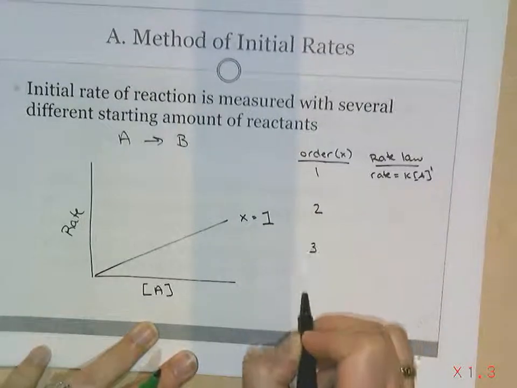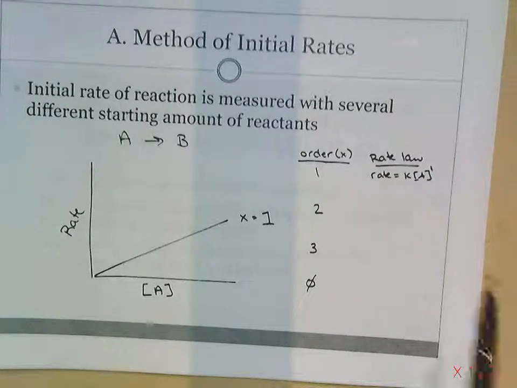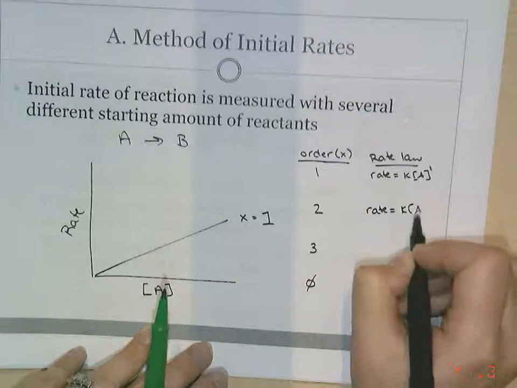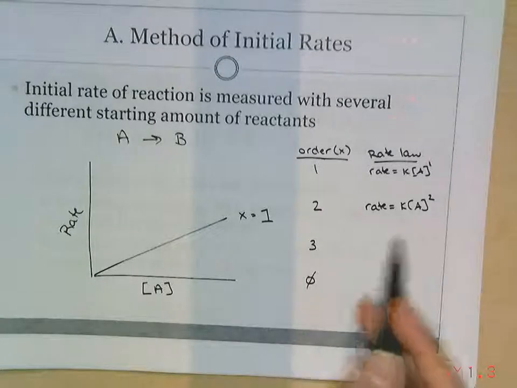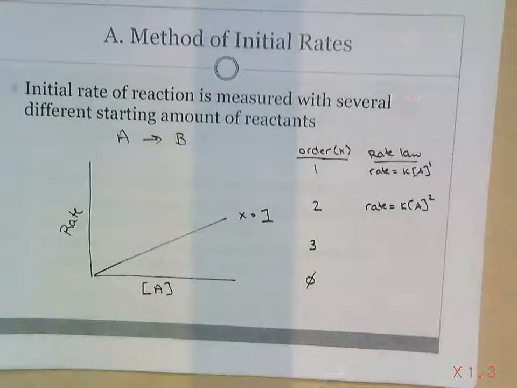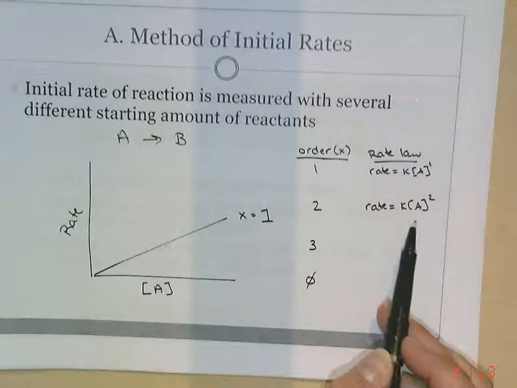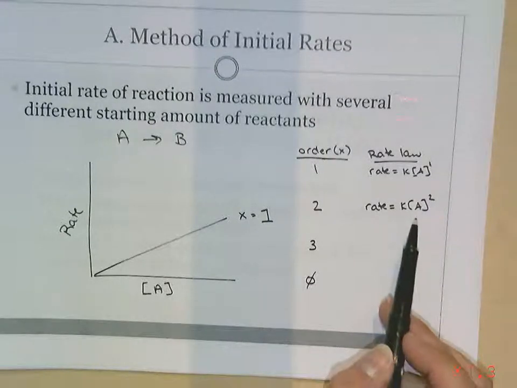All right, let's think about if I was second order, if I wrote my equation like this. So if I have rate, rate constant, now if I double the concentration of A, if I started at 3 molar and I went to 6 molar, instead of just being directly related, they're now to the power of 2, right?